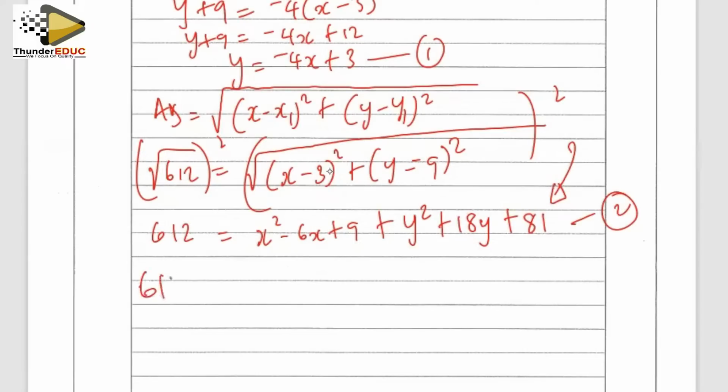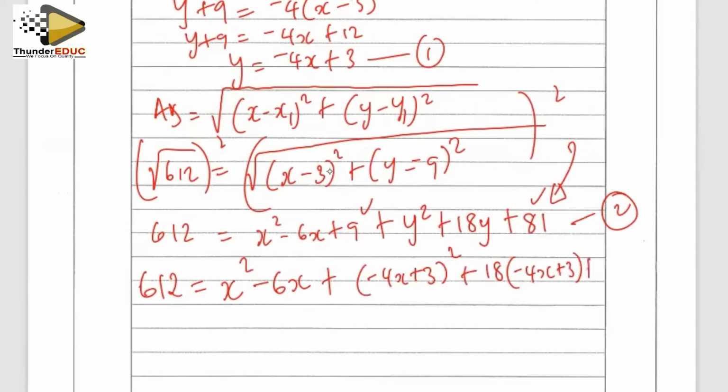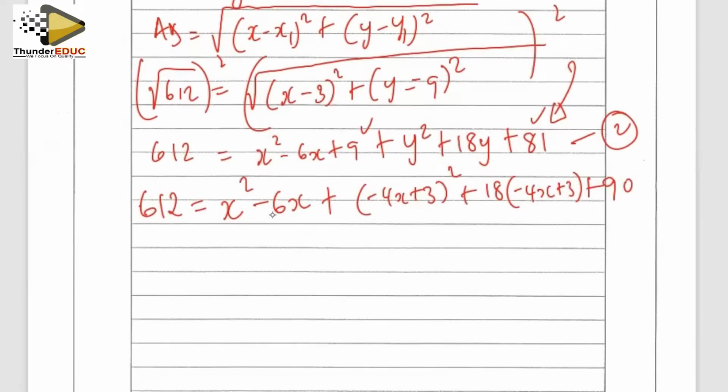So 612 is equal to X squared minus 6X. This and this is going to give us a 90. We have -4X plus 3. We're squaring that. Plus 18 times -4X plus 3. Let's move everything to one side as we simplify. So X squared minus 6X, opening this up, I'll have 16X squared.